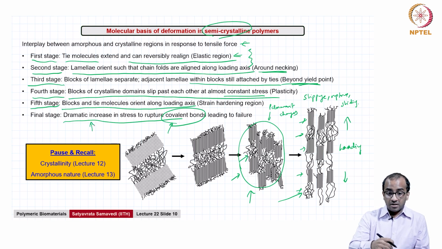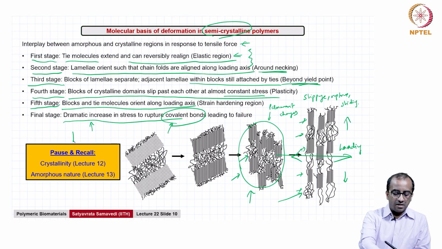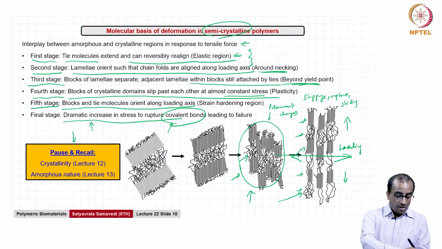That is why you see a dramatic increase in stress in that part of the stress strain curve, leading to eventual failure when these bonds will completely rupture and the material just fails. Again, some of these pictures we have seen earlier in our lectures on crystallinity, lecture number 12, and amorphous nature, lecture number 13.